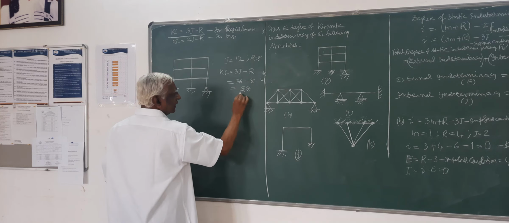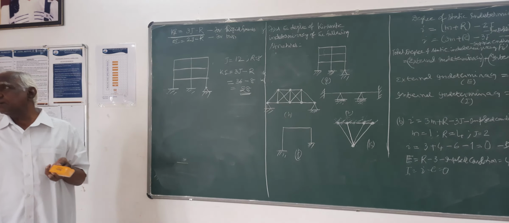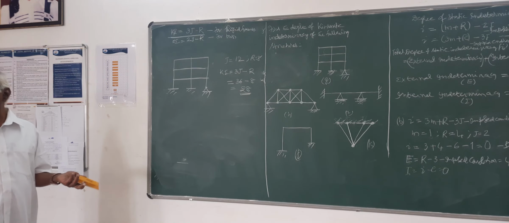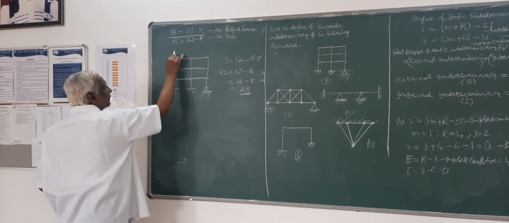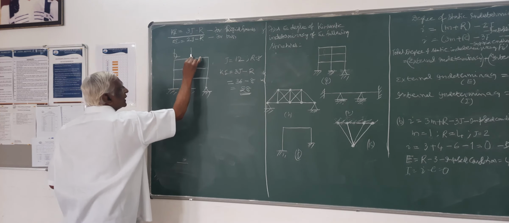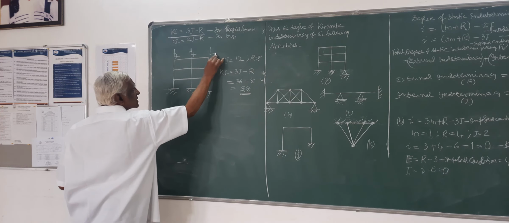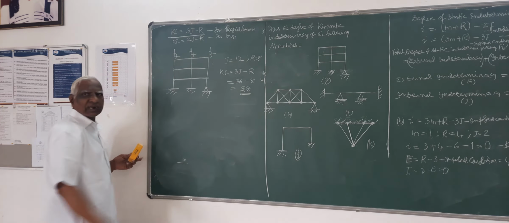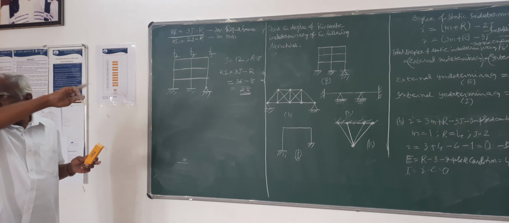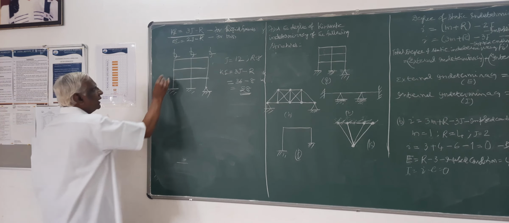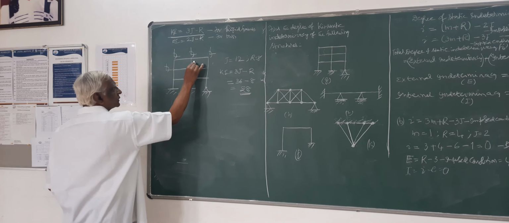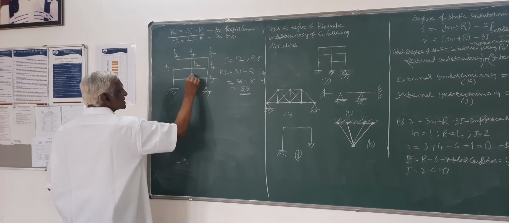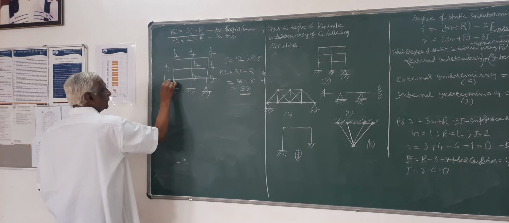So this will be 28. Kinematic indeterminacy is 28. So which are they? As usual, you mark them. At each joint, you will have 3 possible displacements: one translation along the x direction, another translation along the vertical direction, and another rotation. You mark all those at each joint like this.